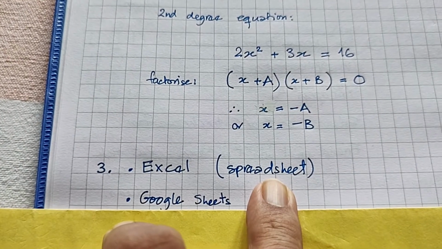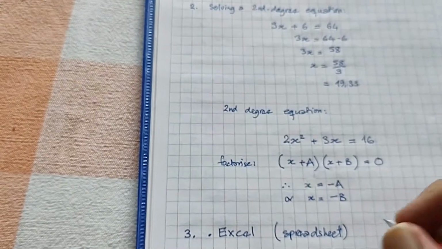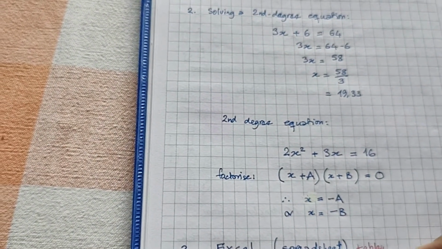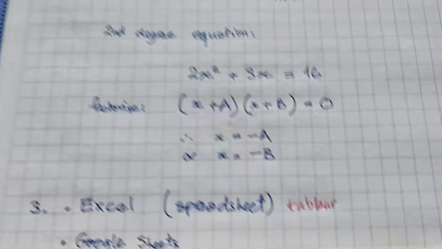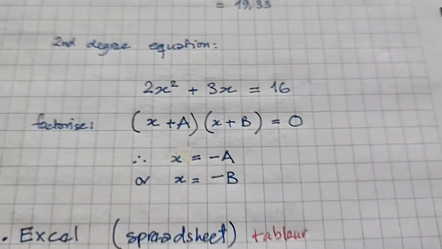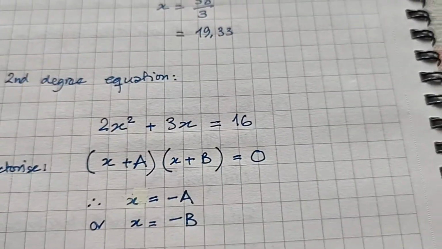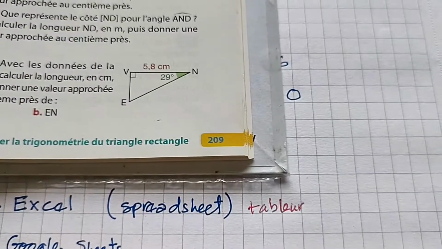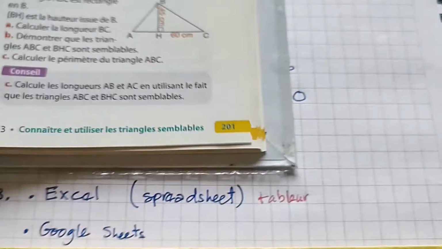In French, this is called tableur. I should write it down. And indeed, in the book that we just finished, often they ask you to do problems using the tableur, and I have always skipped those.